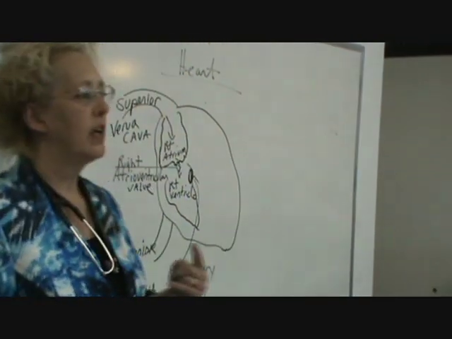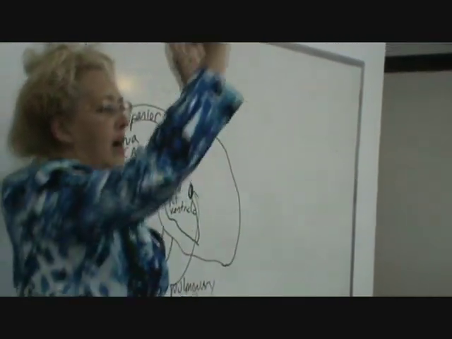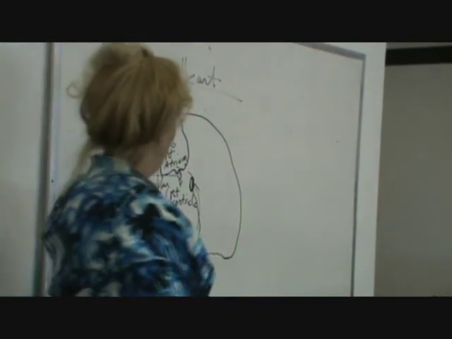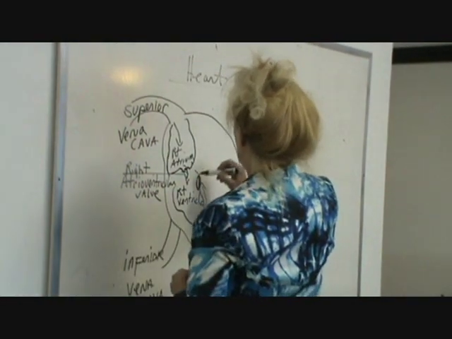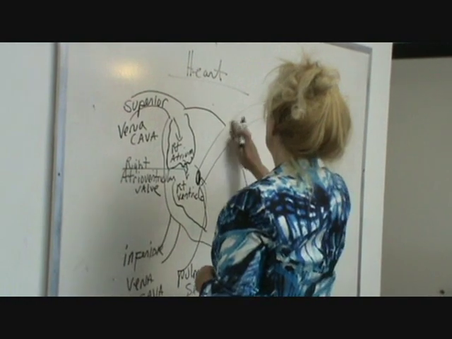Pulmonary is the key word here because pulmonary tells you it's going to go through this pulmonary artery away from the heart. So from the semilunar valve, we see the large pulmonary artery.